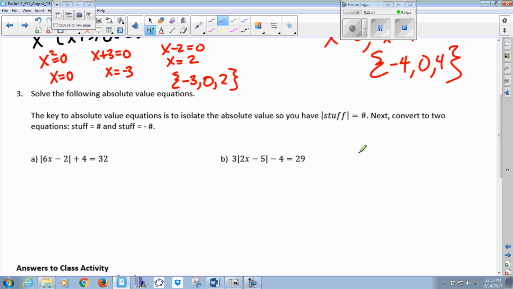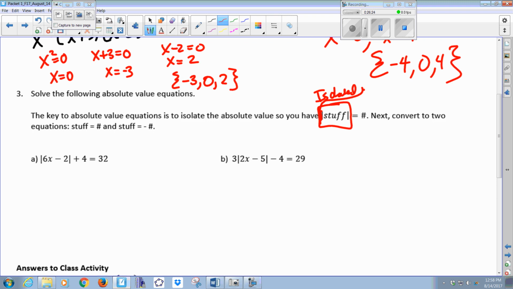Then remember, you're going to convert this equation to two equations where the stuff inside is equal to the opposite of the number and the number itself. So the stuff is equal to the number, the stuff is equal to the opposite of that number. Again, realizing you've isolated this. What do we mean by that? There's a coefficient of 1 in front, right?